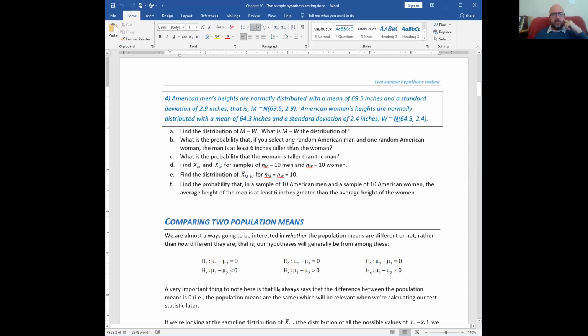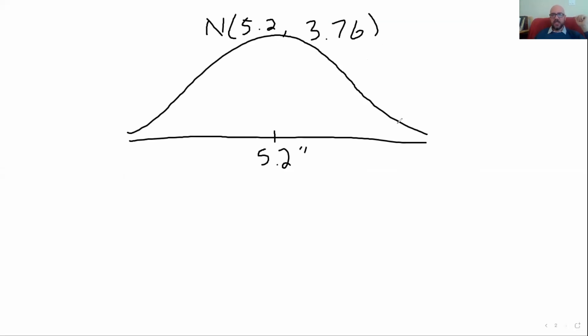All right, let's see what we're going to do with this distribution. What is the probability that if you select one random American man and one random American woman, the man is at least 6 inches taller than the woman? The way you want to think about that is if I take a random man, I call his height little m, and I take a random woman and I call her height little w, if I do m minus w, what's the probability that's at least 6? Well, this thing that I just drew is all the possible differences.